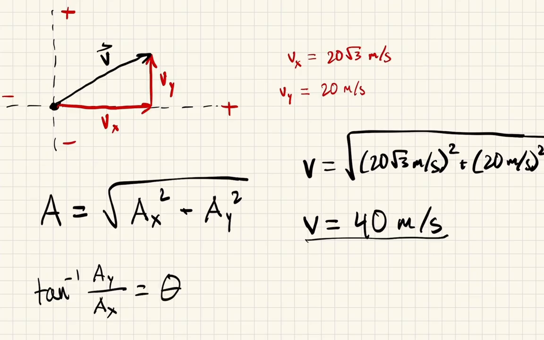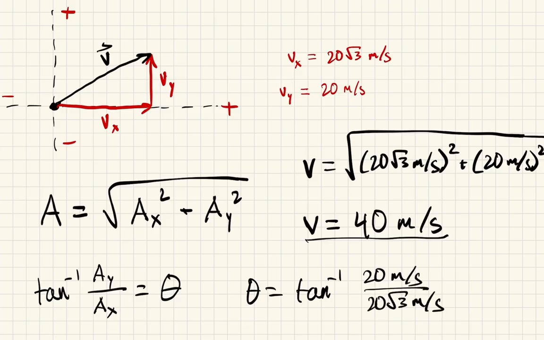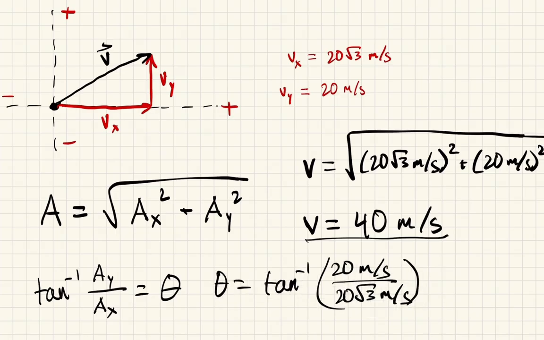So we can do that here and say the inverse tangent of 20 meters per second divided by 20√3 meters per second, and plug this into a calculator, and you would indeed get 30 degrees, which is consistent with what we did earlier.